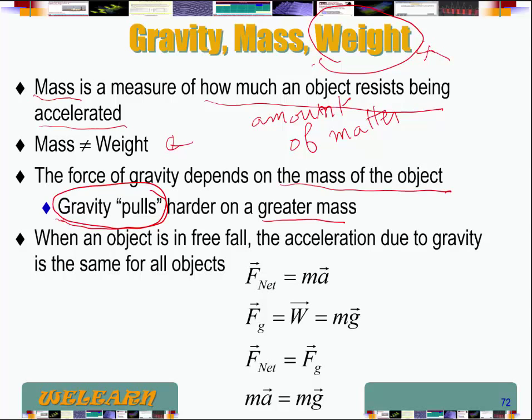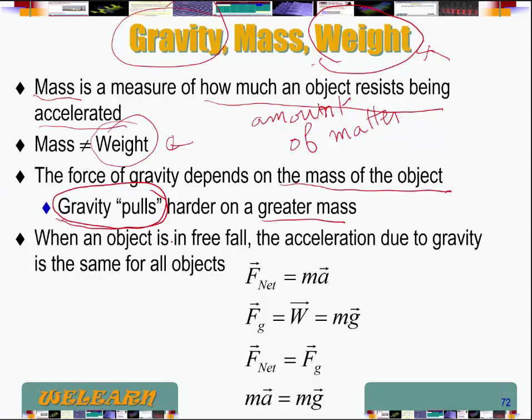Now, be careful about the use of terms. We talk of gravitational force or gravitational pull. The word gravity by itself is not going to mean much to us. So we have gravitational force. The gravitational force at the surface of the Earth, we call it weight.